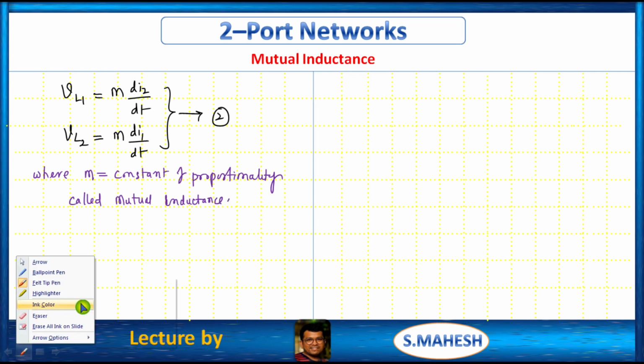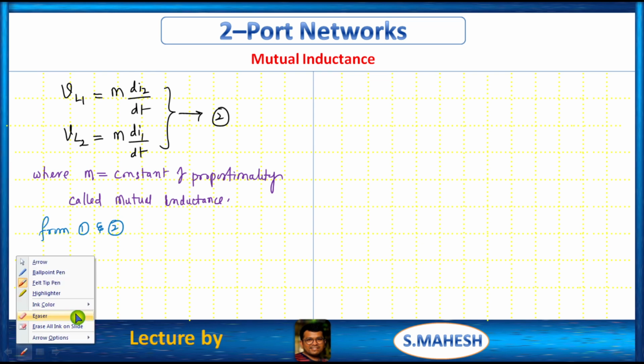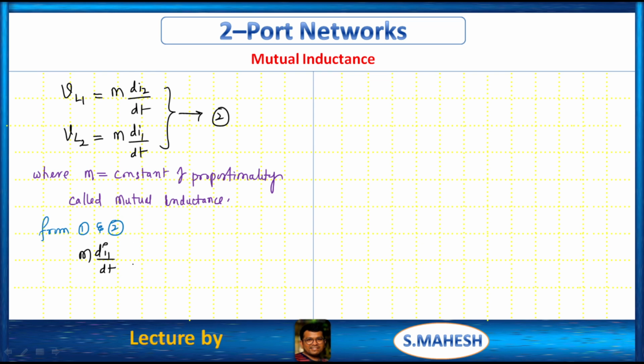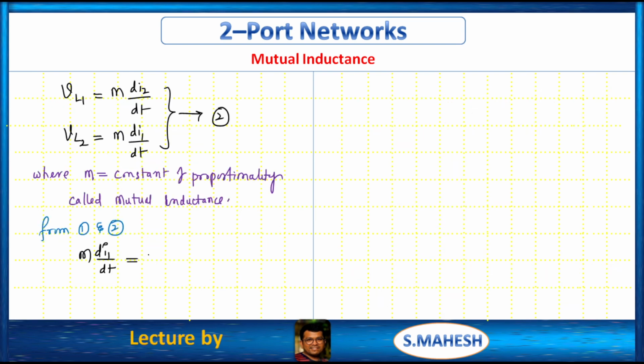Therefore, from equations 1 and 2, we can write, let us say, M into di1 by dt equals N2 into d phi 12 by dt, or you can consider M into di2 by dt equals N1 into d phi 21 by dt, whatever it is. From this, M equals N2 d phi 12 by di1.